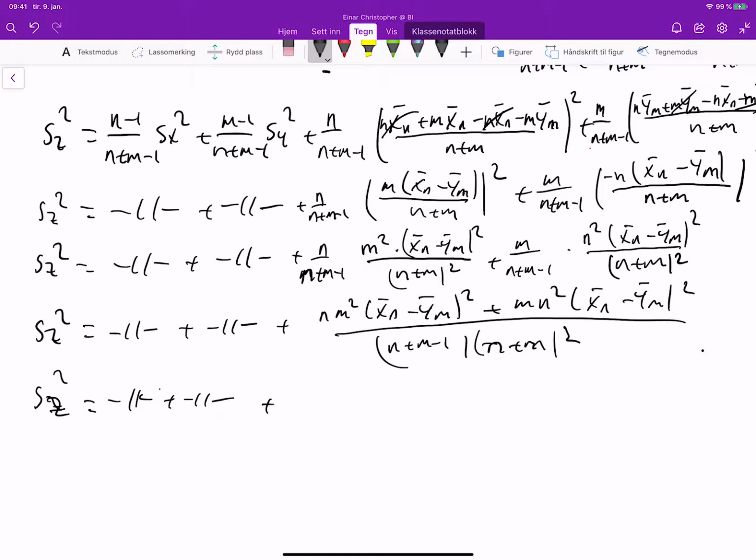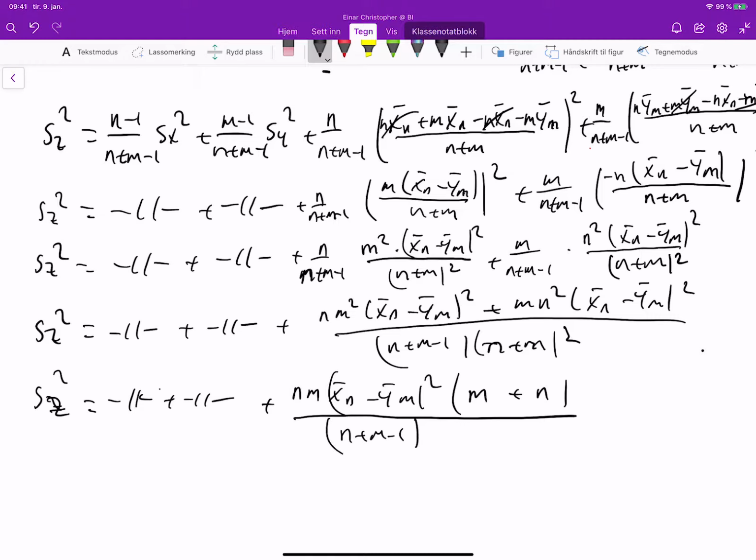outside a parenthesis. I see I have one n here and one n here. I have one m here and one m here, and I have all this xn bar minus ym bar to the power of 2 on both sides. So all this I put outside a parenthesis, so I then get n m times xn bar minus ym bar to the power of 2, parenthesis, just an m in the first one plus just an n in the second term, which remains, divided by n plus m minus 1 times n plus m to the power of 2.